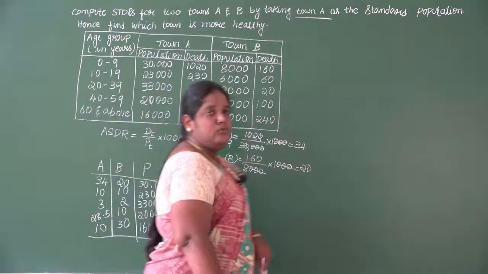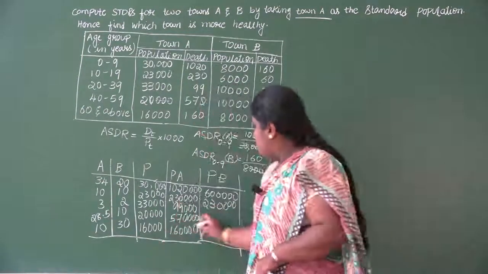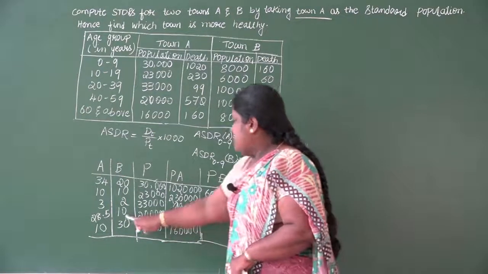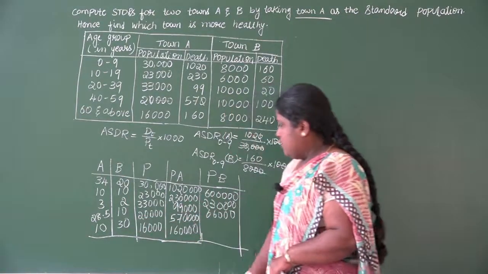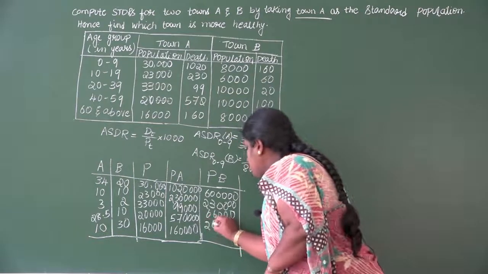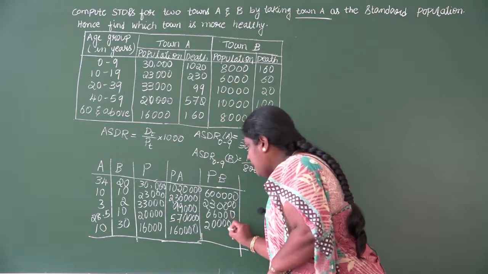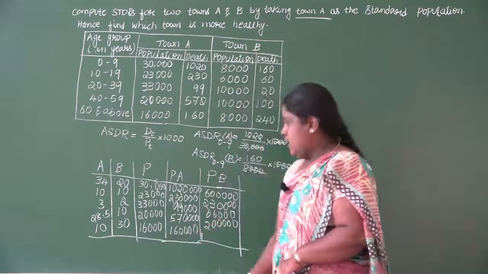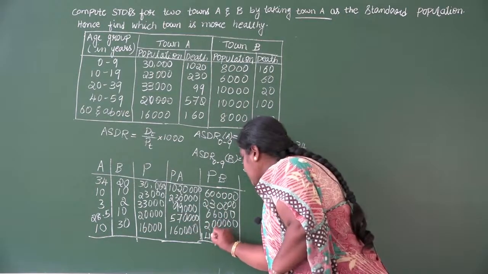Then 2 into 33,000 is 66,000. Then 10 into 20,000 is 2 lakh. Last, 30 into 16,000 is 4,80,000.